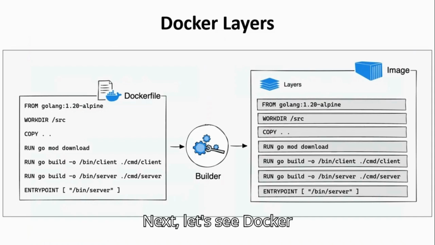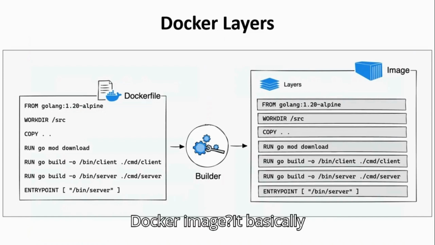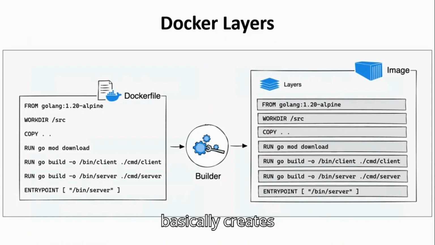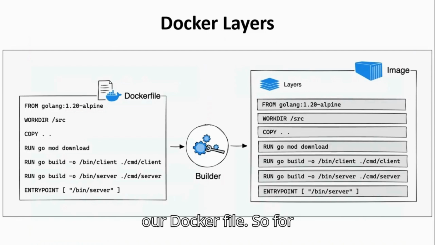Next, let's see Docker layers. We have seen many commands that are used inside a Dockerfile. What it does to the Docker image is, when we run docker build, it creates a layer for each and every command that we execute in our Dockerfile.